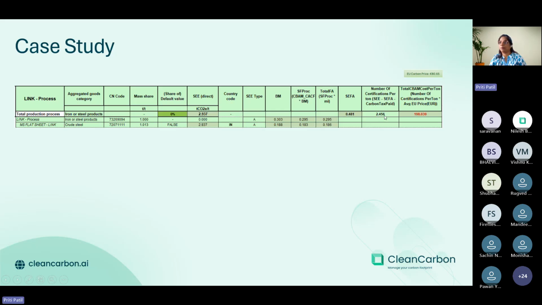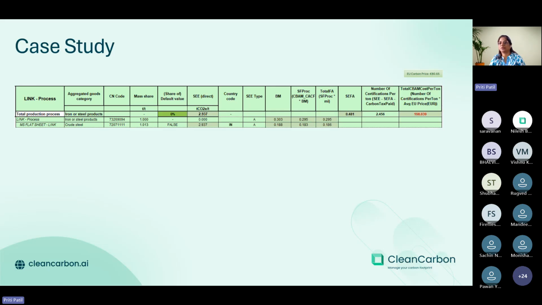If your import is less than 1 ton, it will be lesser based upon whatever you have imported. So multiplied by quantity will happen. But let's suppose that it's 1 ton. So for 1 ton, you need to pay 198.039. So 198 euros. Here we have considered EU carbon price. Average carbon price of recent quarter was 80.65.